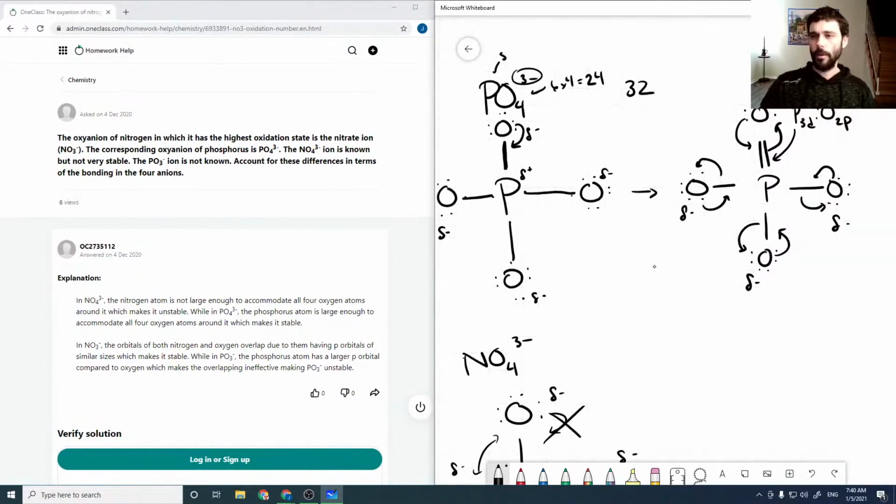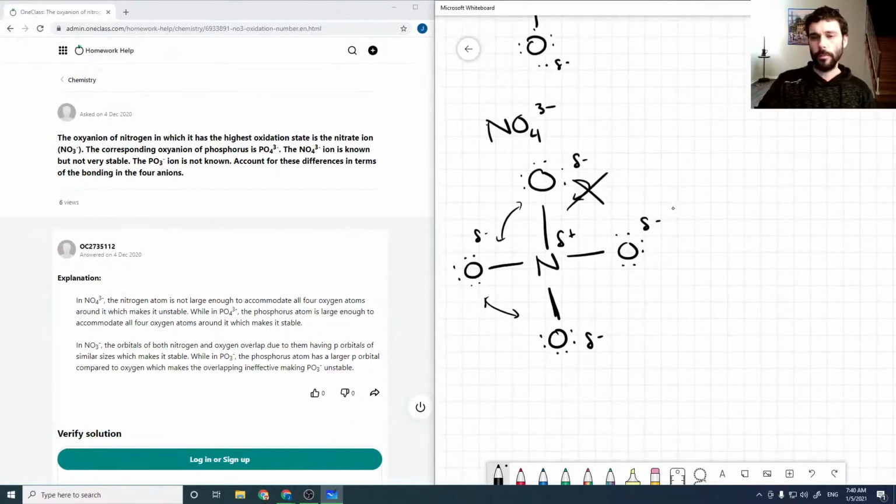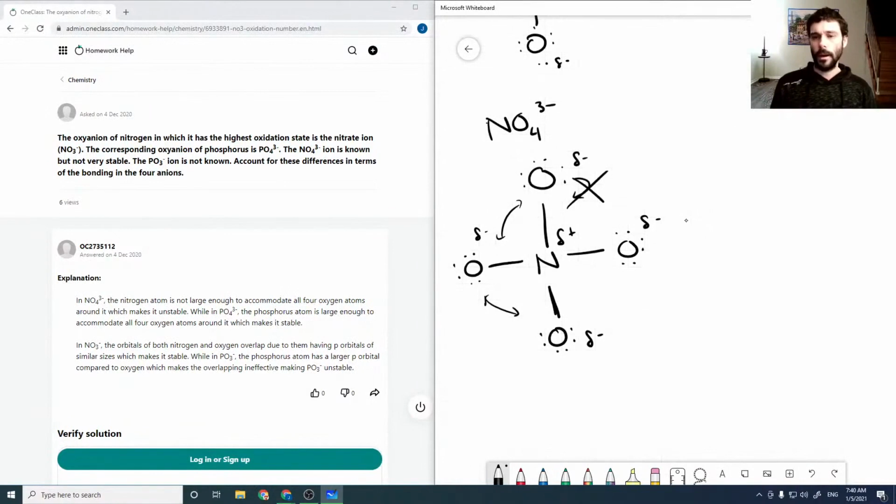And although our 3d to 2p overlap isn't great, it's still better than nothing in this case. And NO4 3-, we can't access this hypervalent property for nitrogen, and so we've just got massive charge aggregation on the oxygens, which would cause quite a bit of repulsion and cause the molecule to fall apart.